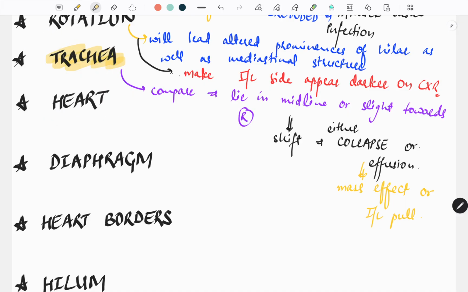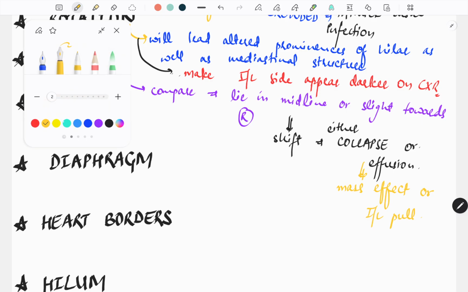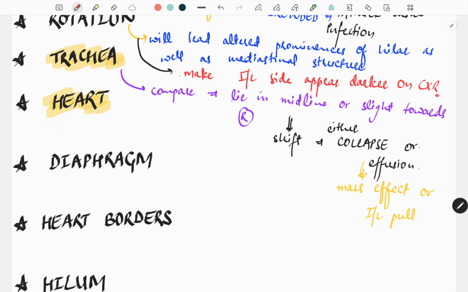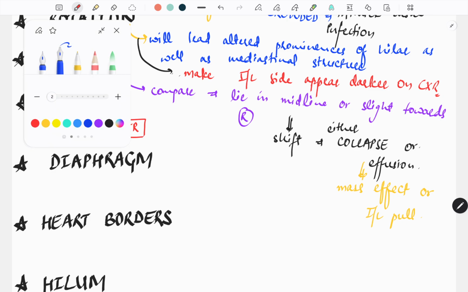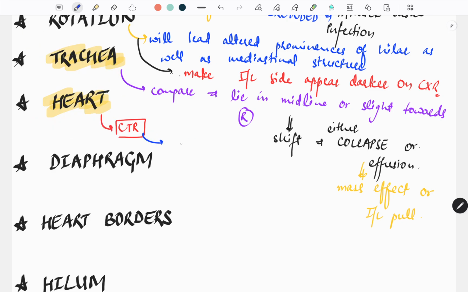Next, we'll come to the heart. By heart, I want to say that we will see the CTR. CTR stands for cardiothoracic ratio.